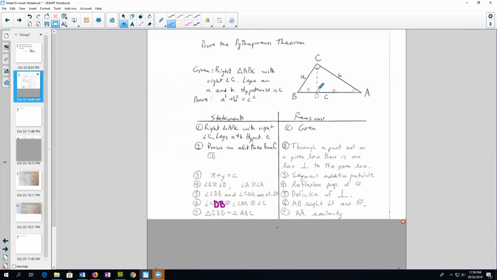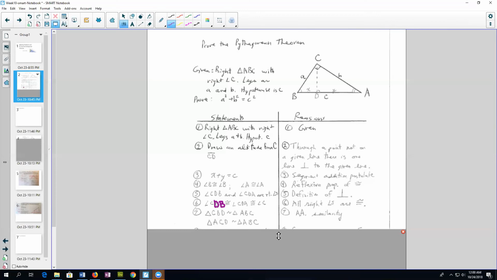Then I'm going to angle B, which is kind of the medium-sized angle, and my third letter is the right angle. And the same thing here. This is by angle-angle similarity. In the same statement, I have the right-hand triangle. Triangle ACD is similar to triangle ABC.